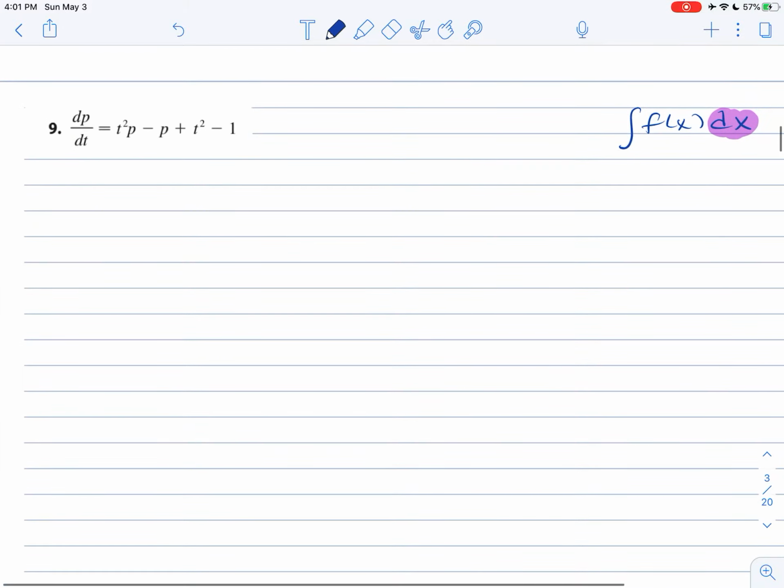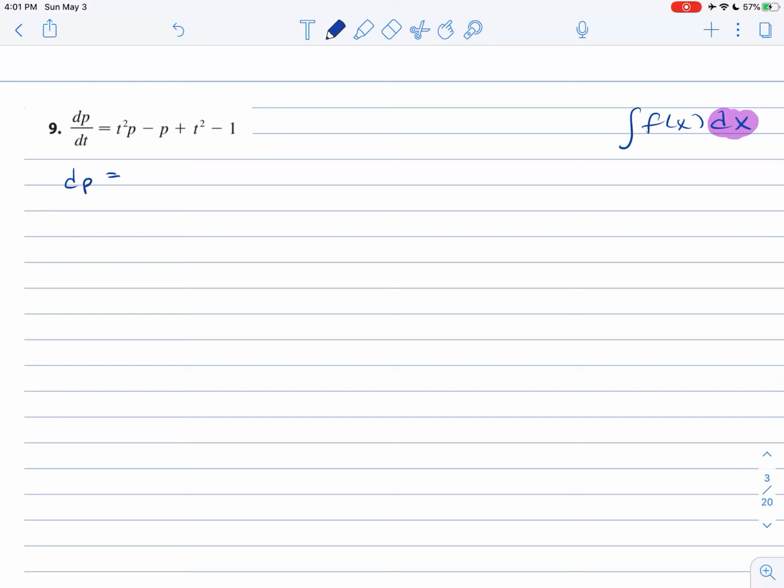And if we have an integral f of x dx, for example, notice that our differential dx is a factor that is multiplied, or in other words, it's in the numerator. So my first step here in separating the variables, if I see dp dt, is I'm going to multiply on both sides by dt.